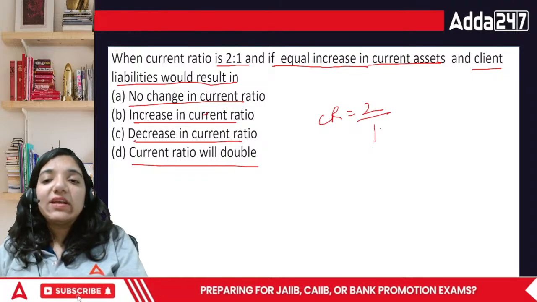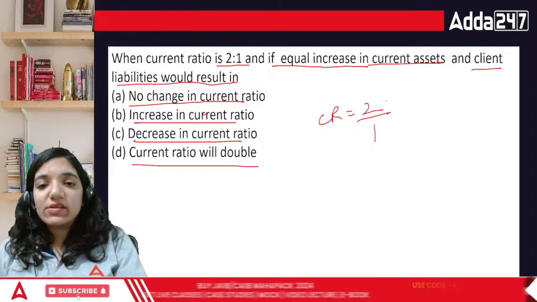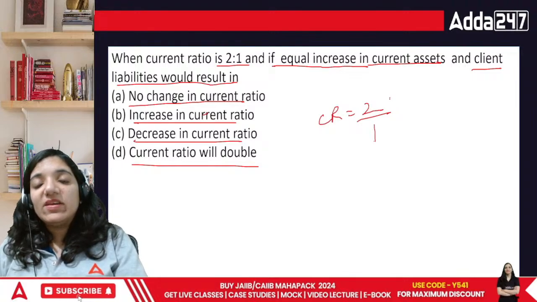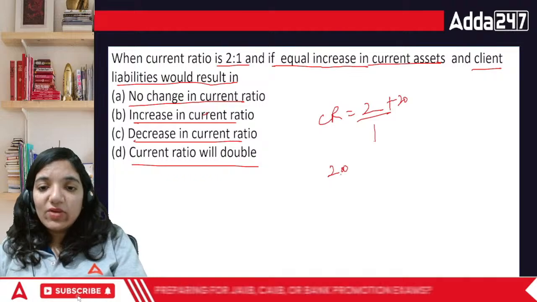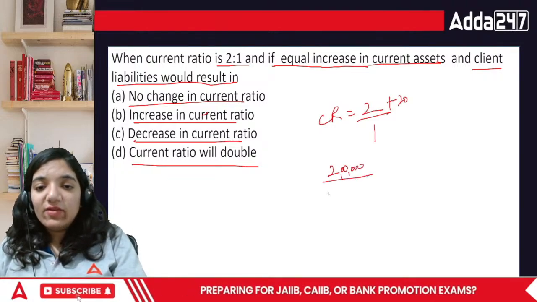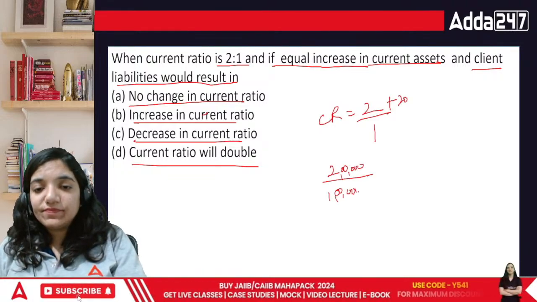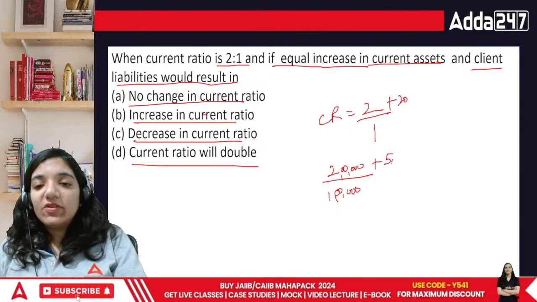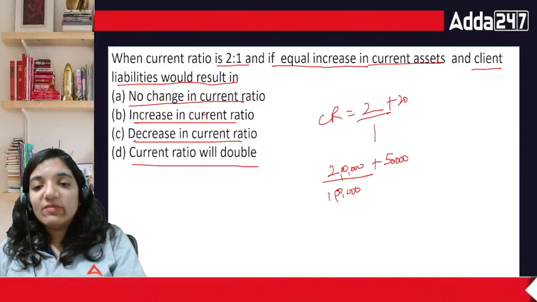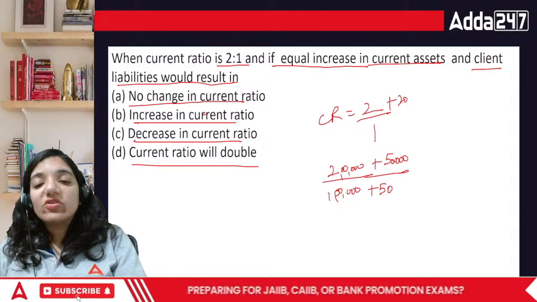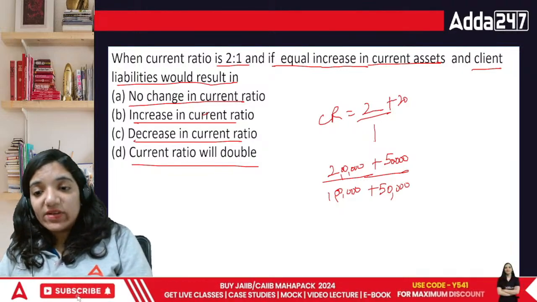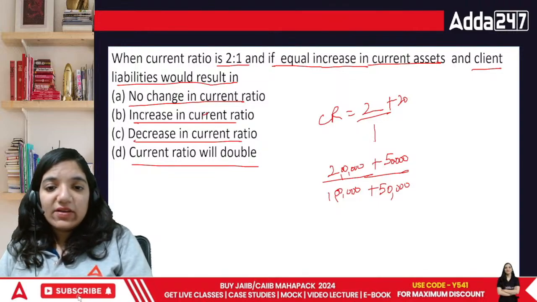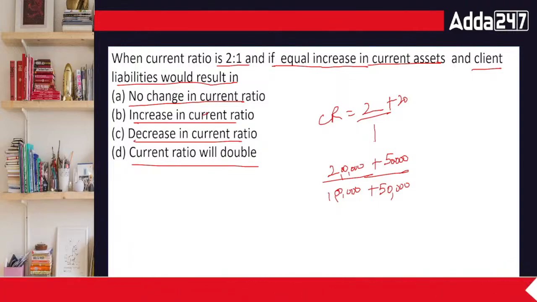If equal increase in current assets and current liabilities are there, that means we introduce, let's take it like 2 lakh is here and 1 lakh is here. We introduced 50,000 here, and the same amount is also introduced on the denominator side, because the question says current ratio is 2:1. Okay, and we are dealing with this specific area altogether.